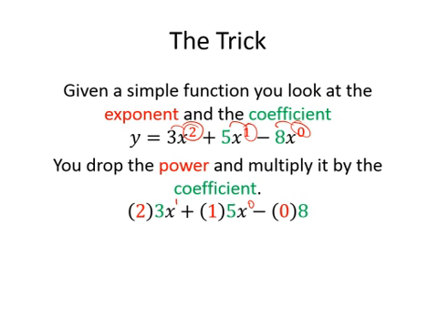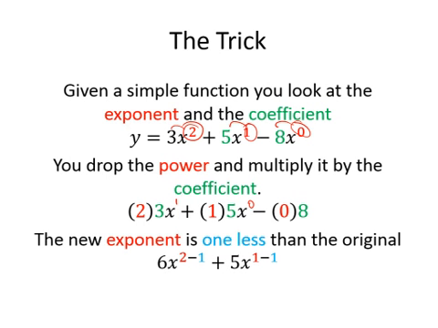If we drop the 1, the exponent goes from 1 to 0. If it's 0, then it ends up canceling out. So now we have 2 times 3x, and then 1 times 5, and then 8 times 0. The new exponent is always going to be 1 less than what it originally had. So if it had 1, it goes down to 0. If it had 3, it goes down to 2. If it had 12, it goes down to 11.